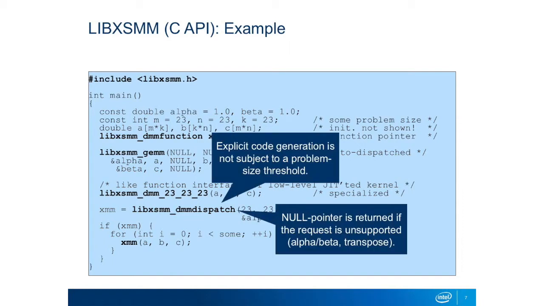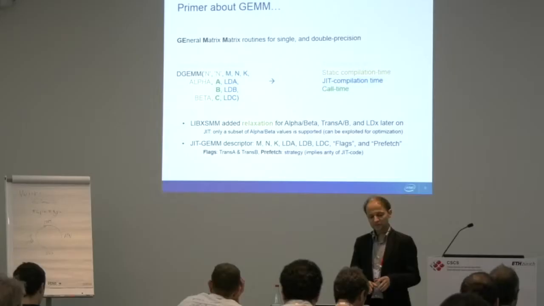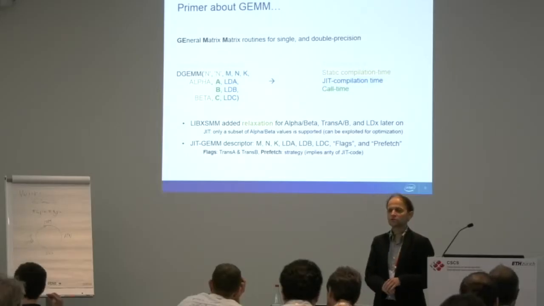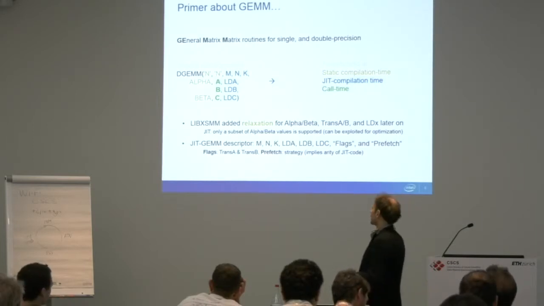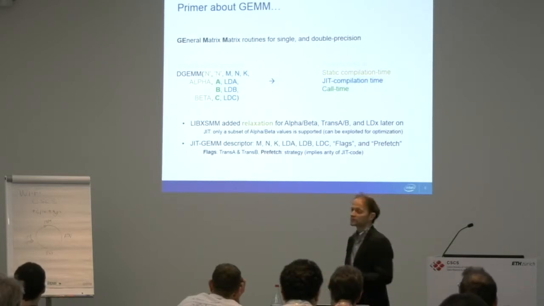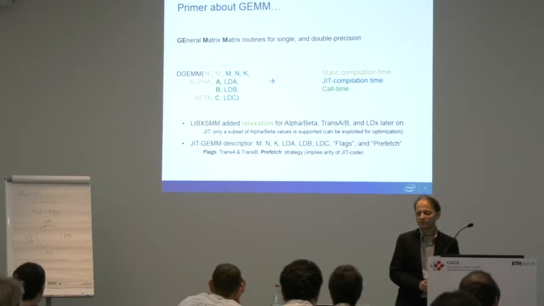So the primer about GEM is, of course, not needed for this audience, but the middle part actually shows you some color-coded details on the signature of the dgem or sgem function.